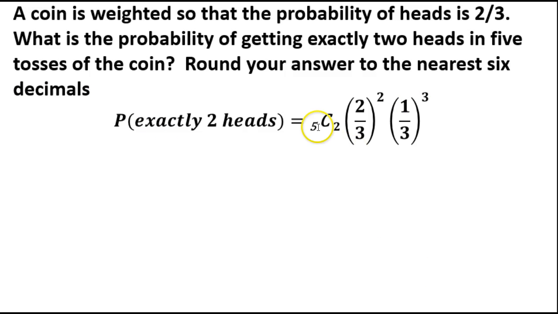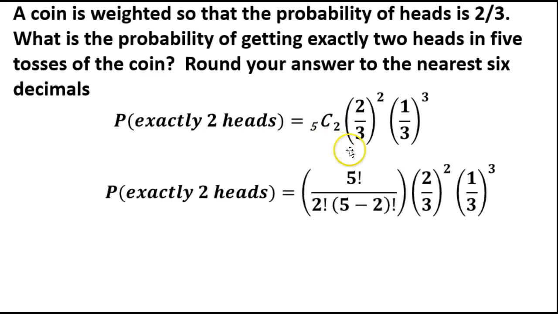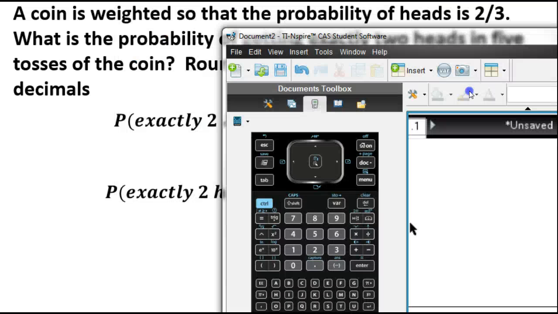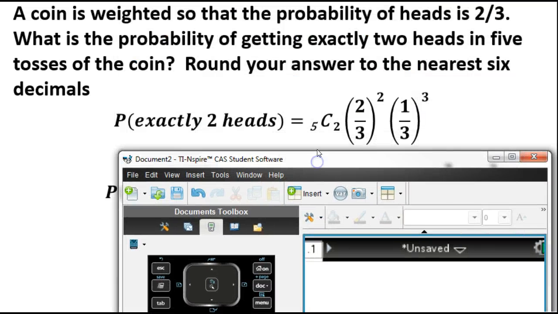When you're typing this one into your calculator, you can type it in just like you see here, or if you would like to type it out with this combination, it will look something like this. This is our 5 choose 2. Either one of these will work just fine. Alright, so we're going to do the TI-Nspire first. We'll pull this one up here. We've got a 5 choose 2, 2/3.